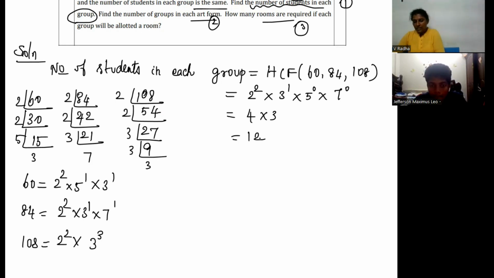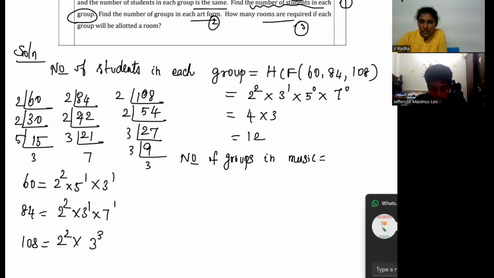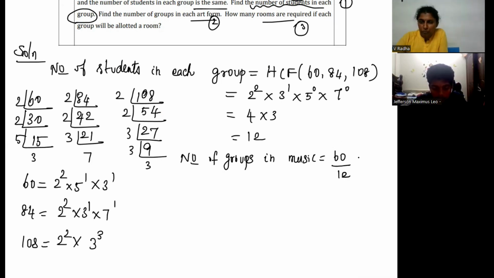Now, asking for the number of groups in music. That is the total number: music's total strength is 60. Now 60 divided by 12, so for music, 5 groups.